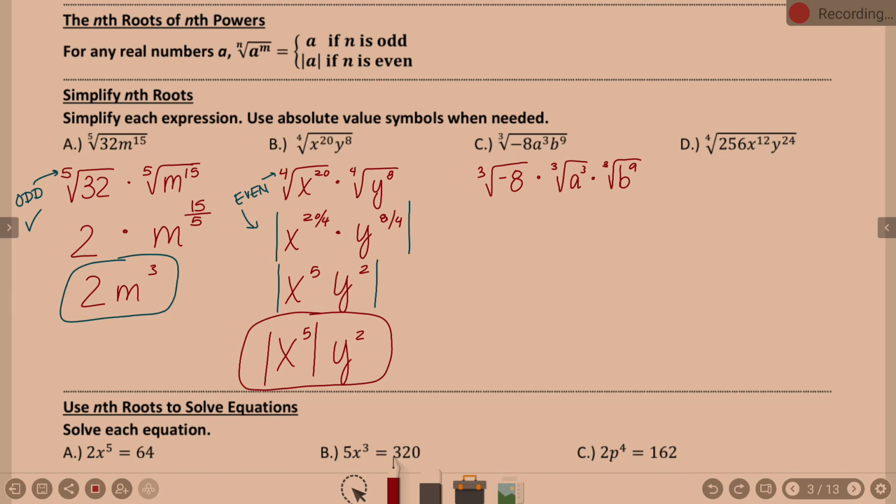What is the cube root of negative 8? Can we do the cube root of negative 8? Yeah. It's a negative. So if I do the cube root of negative 8, there's my proof. It's negative 2. Okay.